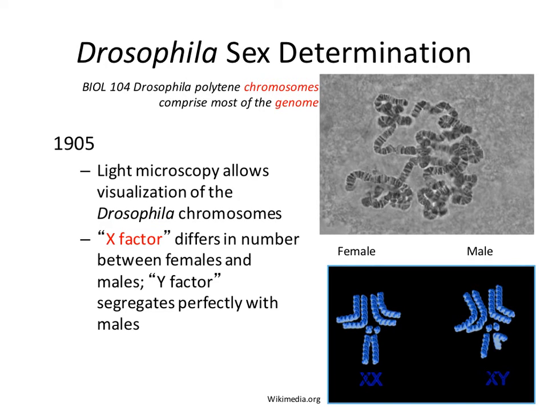So about 100 years ago, people started looking at these. When they compared the chromosomes from males and females, they could tell that there was a difference. Every time they looked at a female, which is shown down here in a cartoon form, so these are XX, females had a pair of chromosomes that looked identical in shape and size.